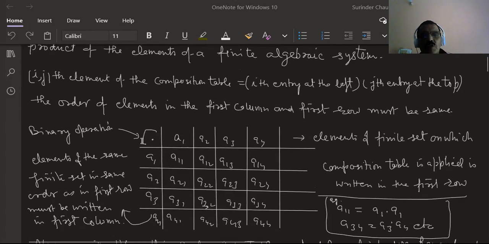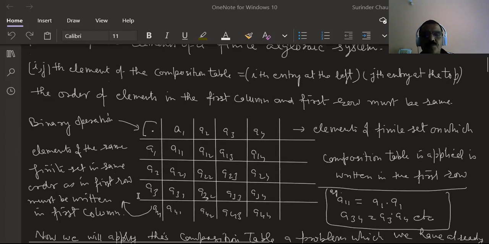Here we write the binary composition which we are applying to the elements of the given algebraic system. The elements of the finite set in the same order as in the first row must be written in the first column, right?